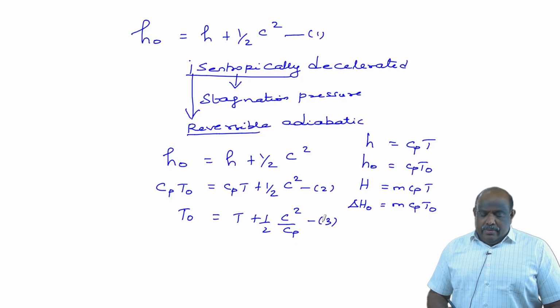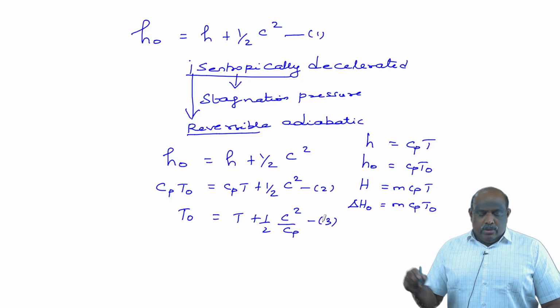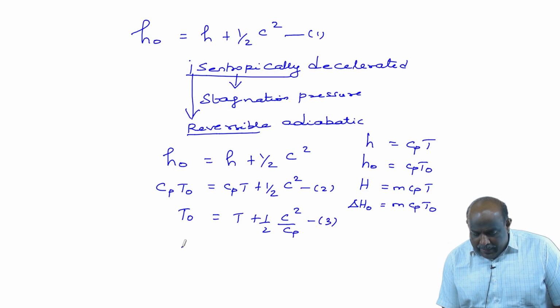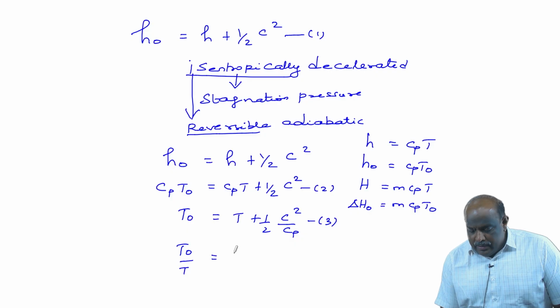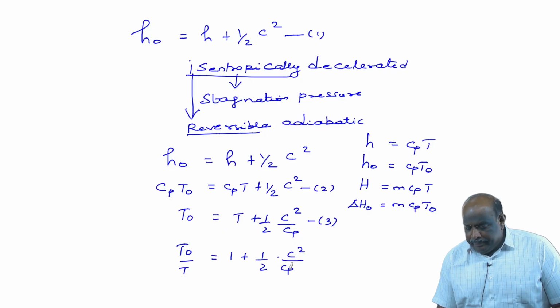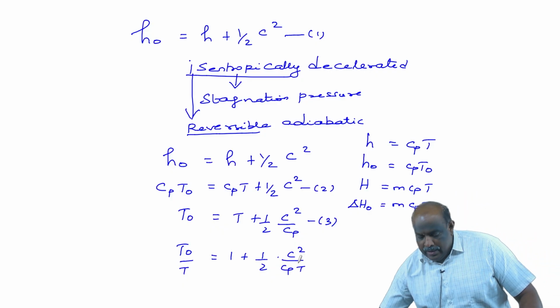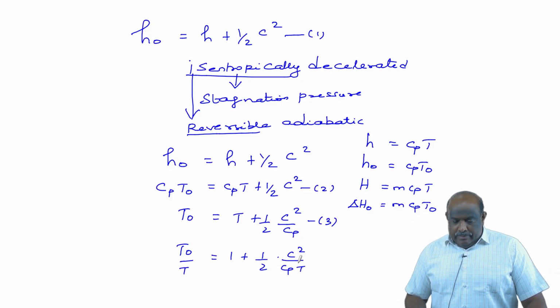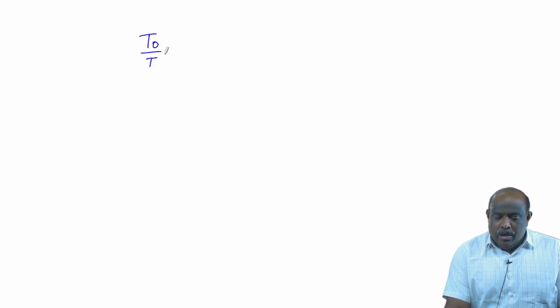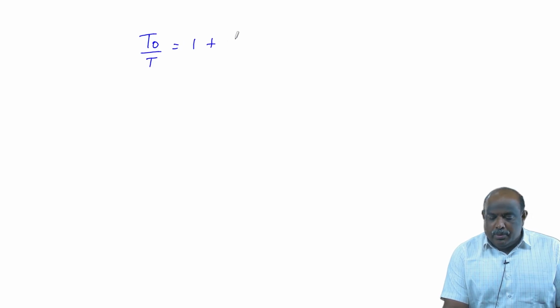We will further divide this equation by T throughout, so it becomes T naught by T is equal to 1 plus 1 by 2 into C squared by Cp T. Let us move on to the next slide. So, we got T naught by T is equal to 1 plus 1 by 2 into C squared by Cp T.